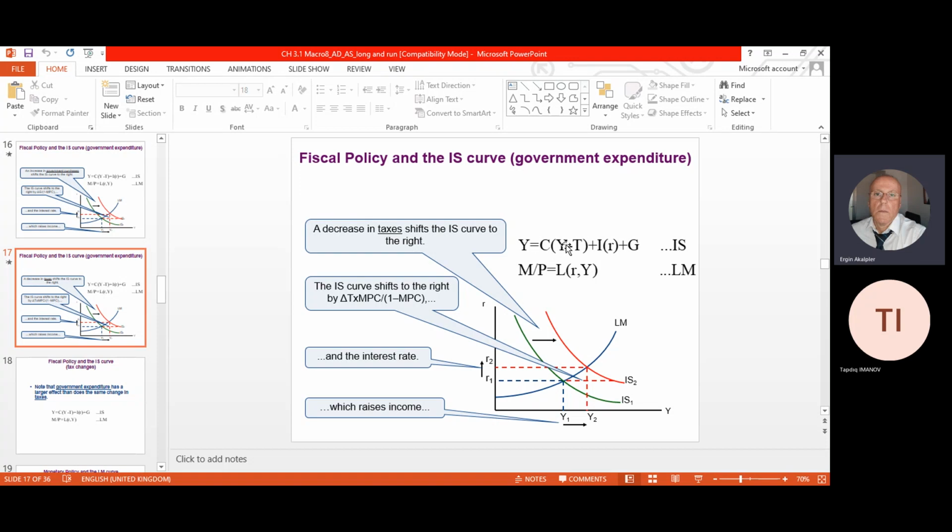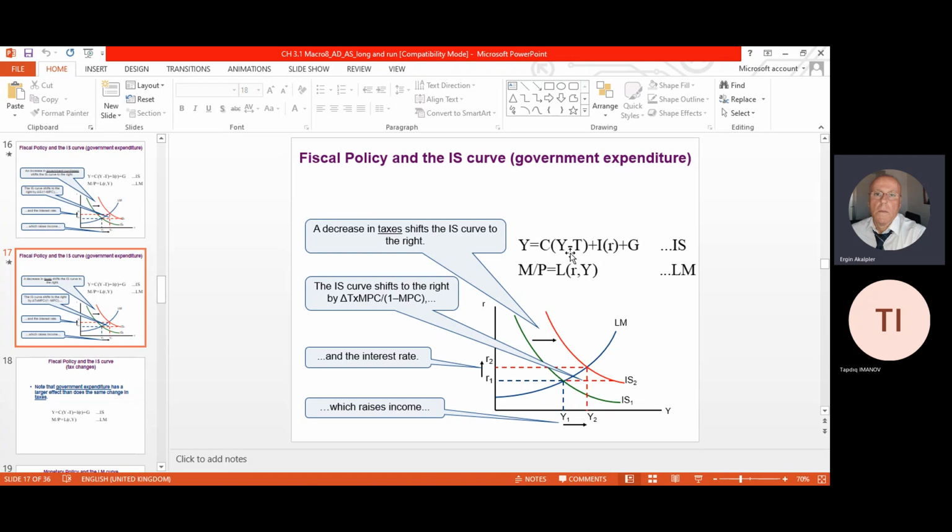This causes more output in the economy, because a reduction in tax means, as you see, Y minus T is the disposable income, which feeds the consumption function C. When you reduce the tax rate, you will have more income.